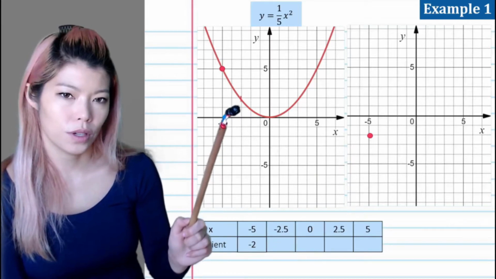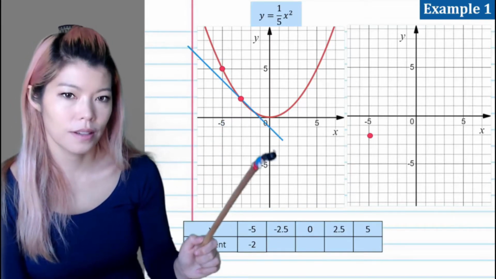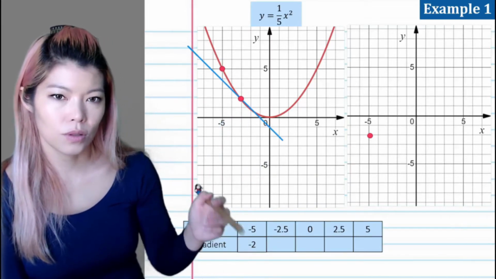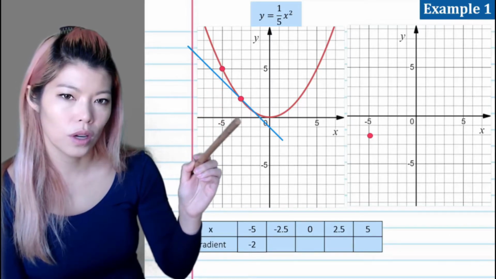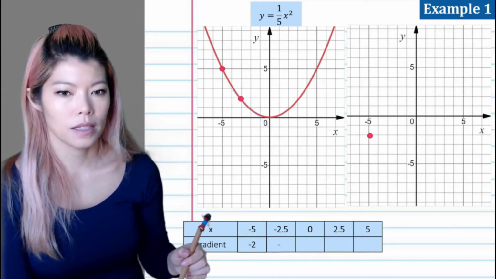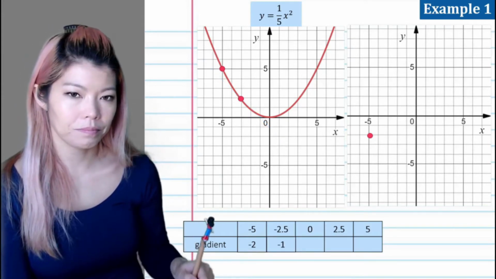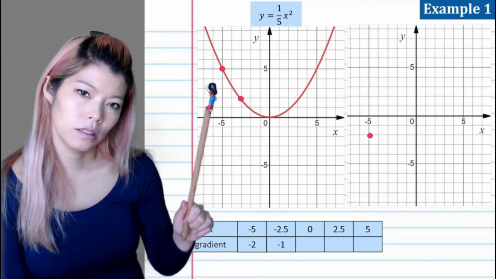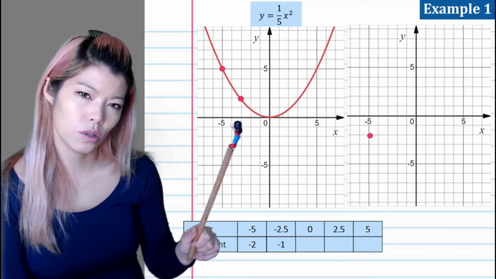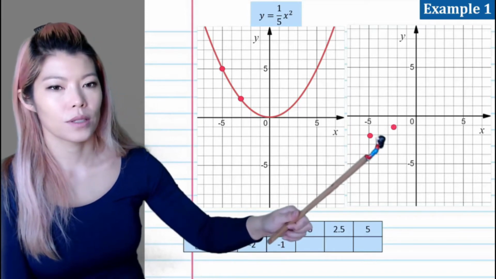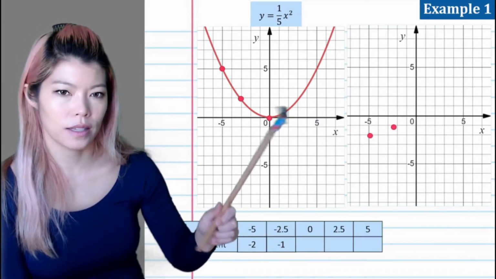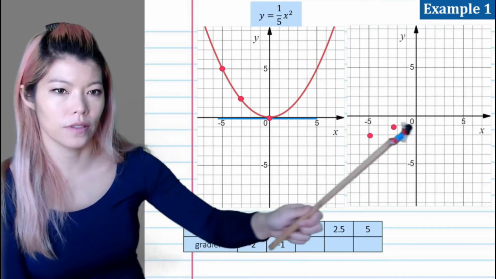At -2.5, put a dot, draw a tangent, find the gradient of the tangent. We can do it quite easily. You can see that it's -2 across 2, so it's -1. So -1 over there. And then at 0, we can simply say that it's just 0.